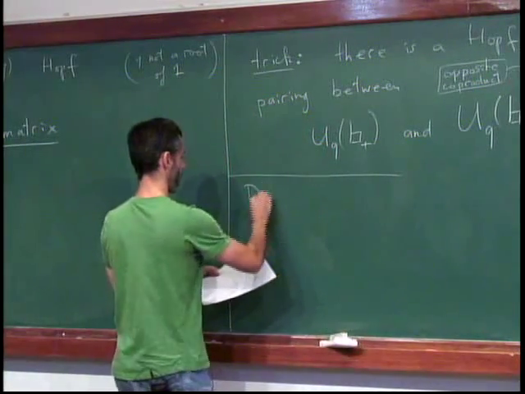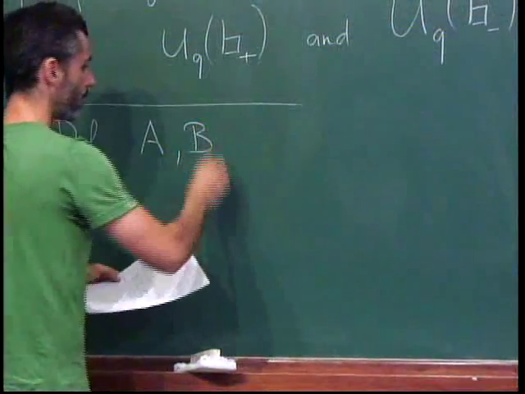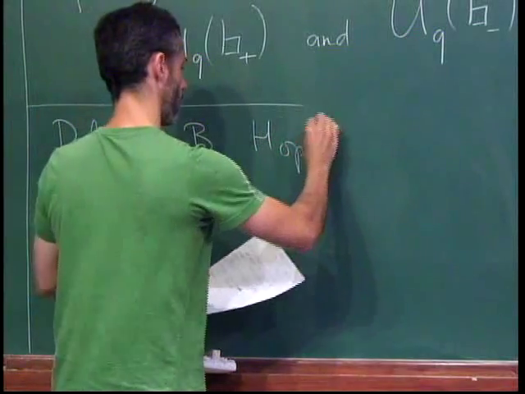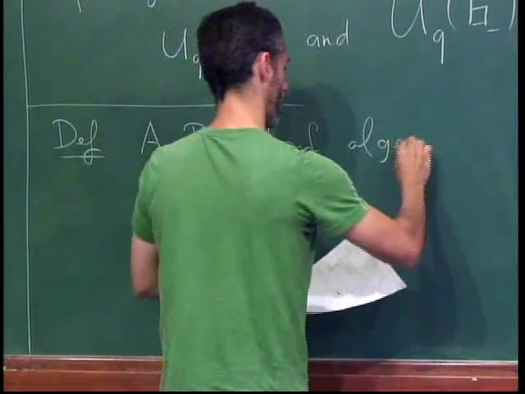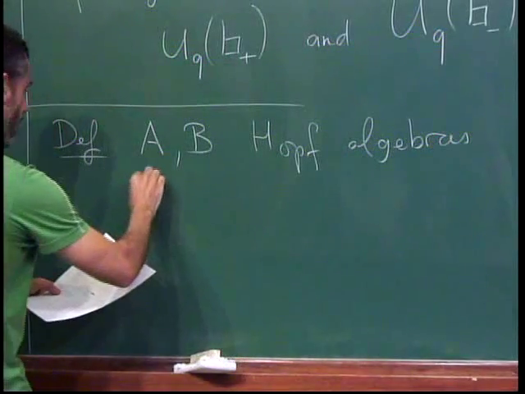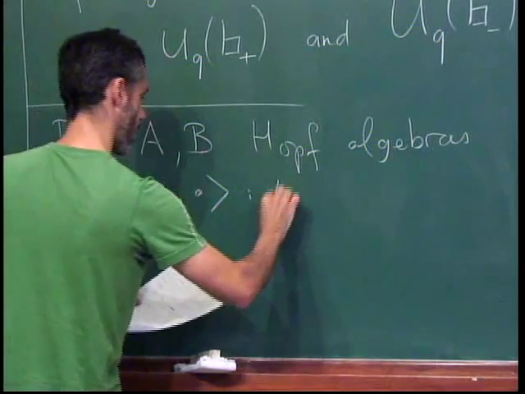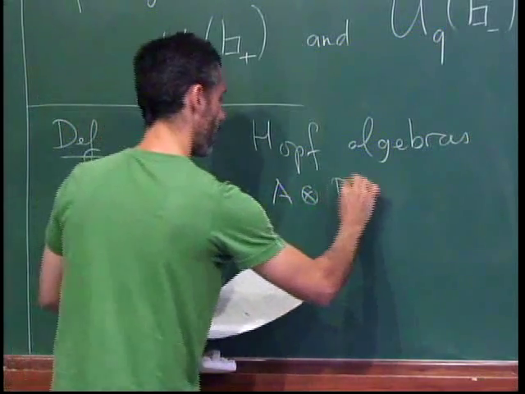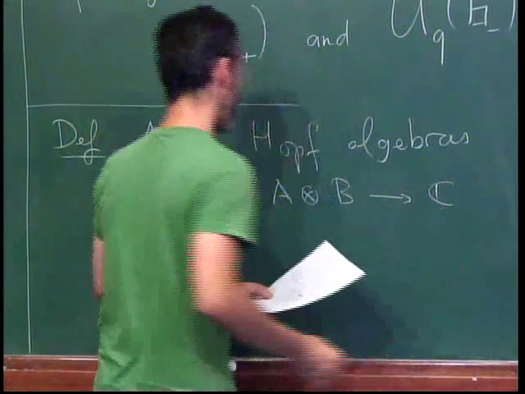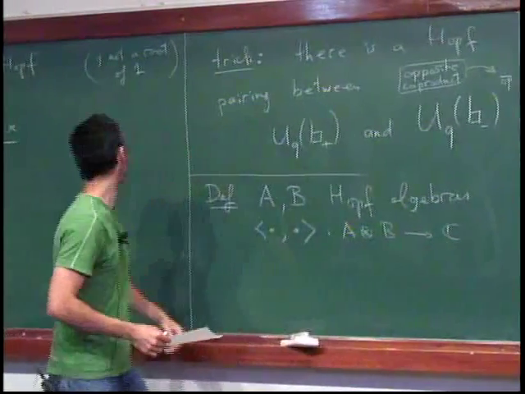So, suppose A and B are Hopf algebras. Then a bilinear map from A and B to the ground field. It depends what the ground field is.